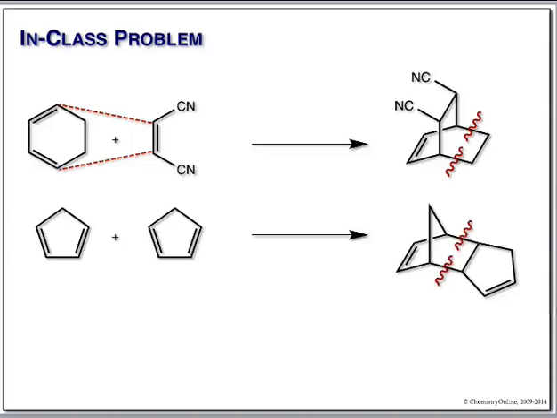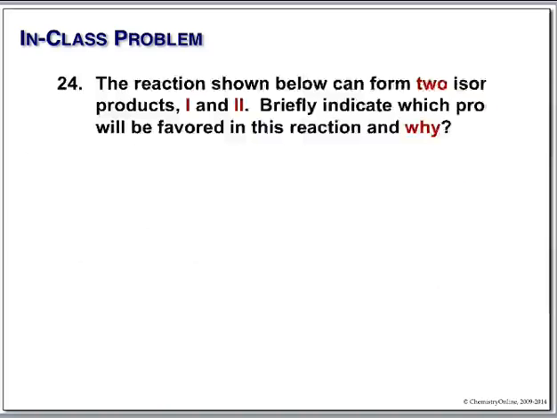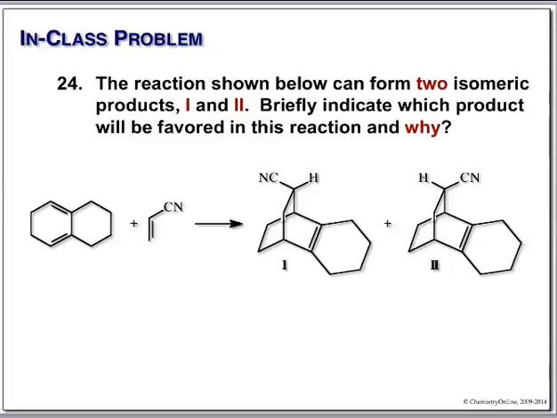So now that we know all about endo-stereochemistry, I even put a second problem on here. Here we have a diene and a dienophile. We could make two possible isomers. You should look at these and say, well, here our pi system on the nitrile is pointing away from our pi system.